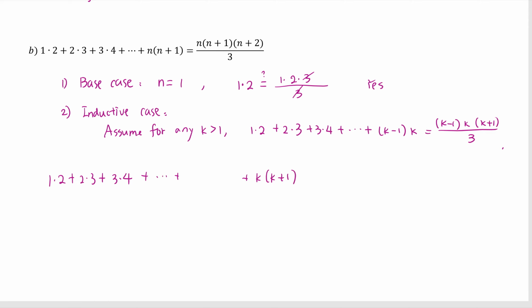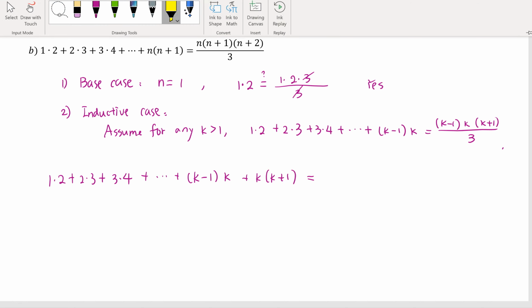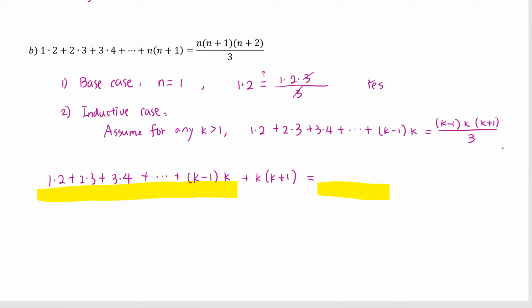What's the previous term? The previous term is k minus 1 and k. I want to write out this extra term, then you can see I'm using the hypothesis. Our hypothesis, this guy, equals what?